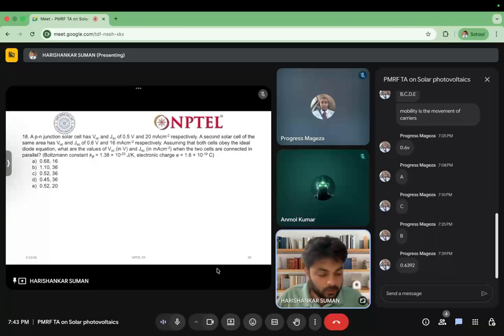A PN junction solar cell has VOC and JSC respectively. A second cell of the same area also has VOC and JSC that are different. Assuming both follow the ideal diode equation, find the VOC and JSC when the cells are connected in parallel.